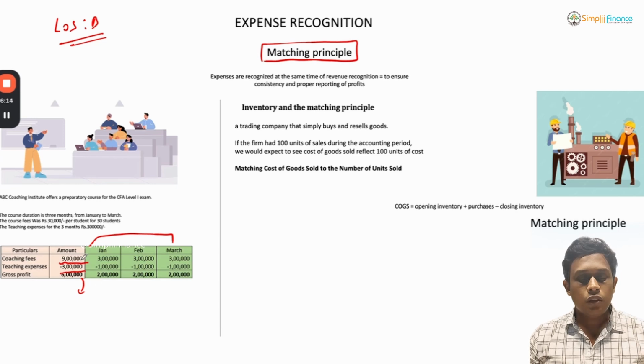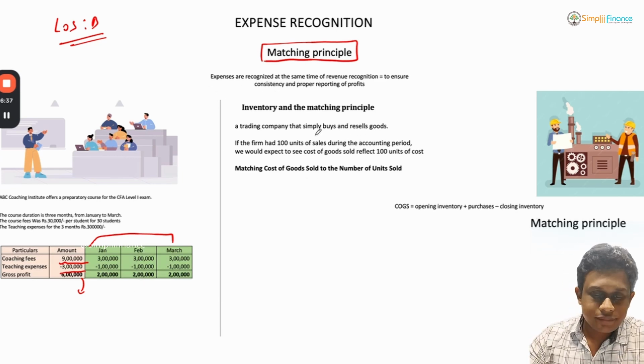So each month you recognize 300,000. So even the teaching expense has to be recognized in the same manner, that is divide by 3. So as and when the income gets recognized in the income statement, it has to be matched by an expense. So that is the matching principle.